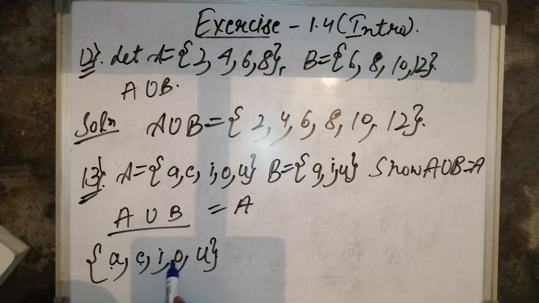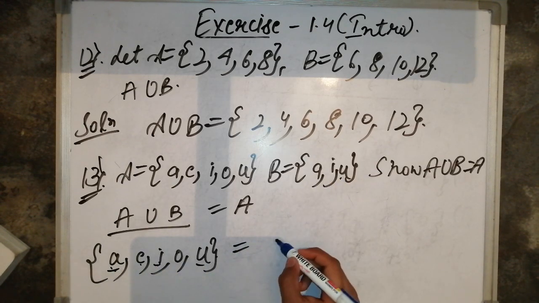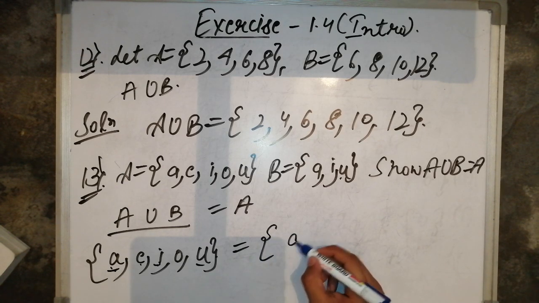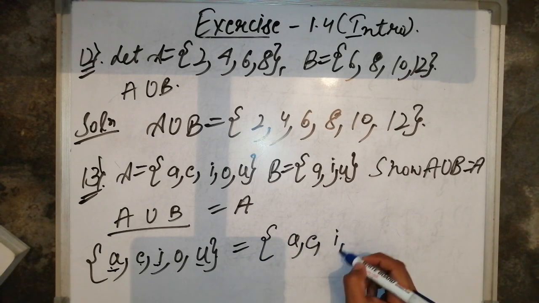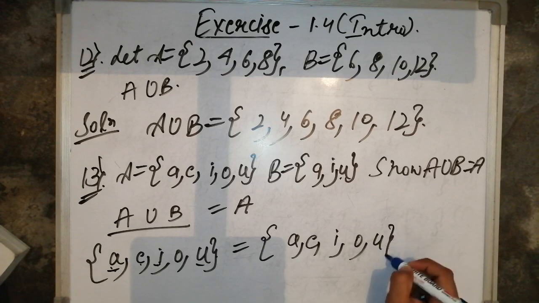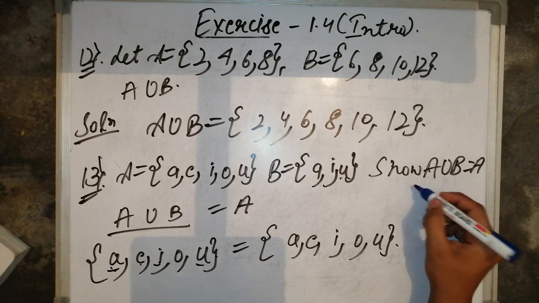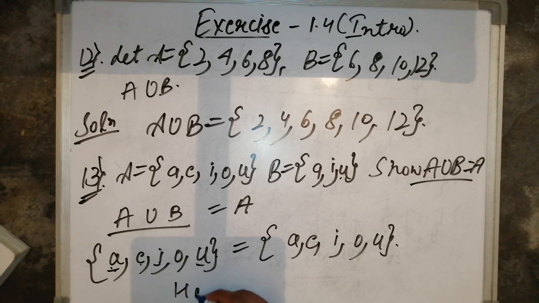Now let's write the A set: A, E, I, O, U. Now see, are these both of the sets equal? Yes. Hence, it is verified. Hence, true.